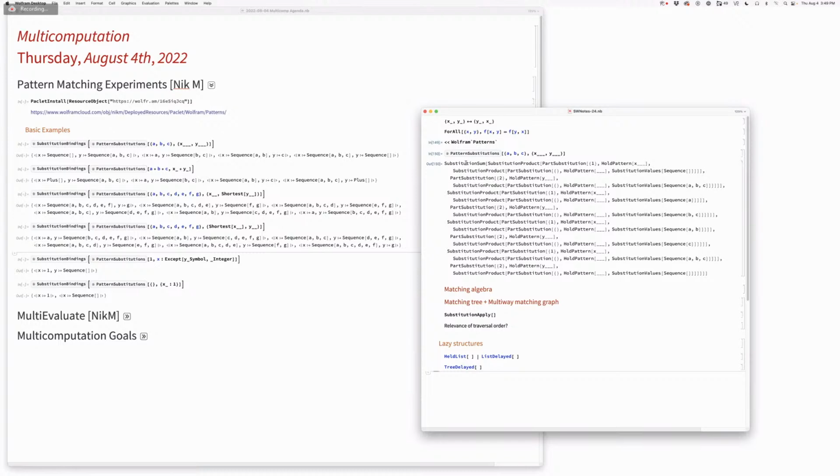You have products and co-products. But then, given a tree delayed, there would be something like tree map with a certain traversal order.